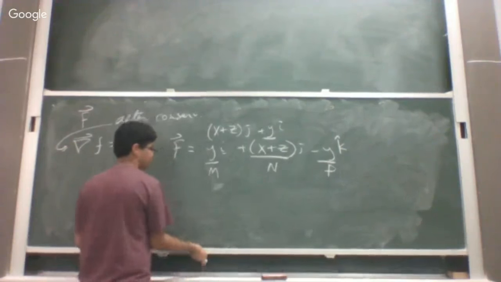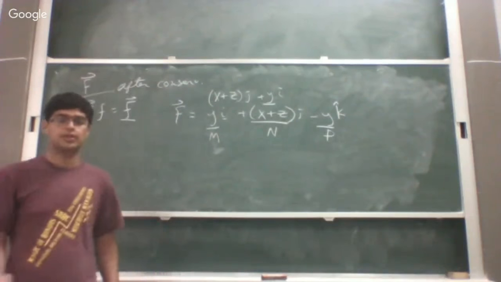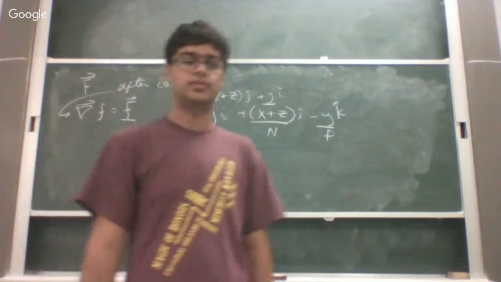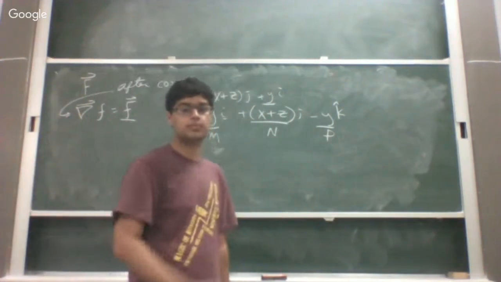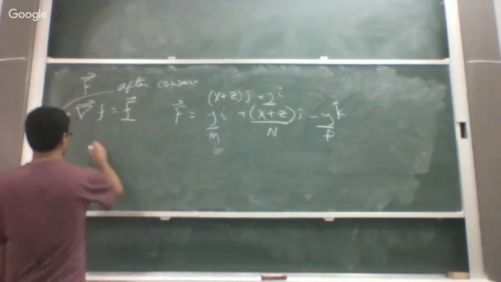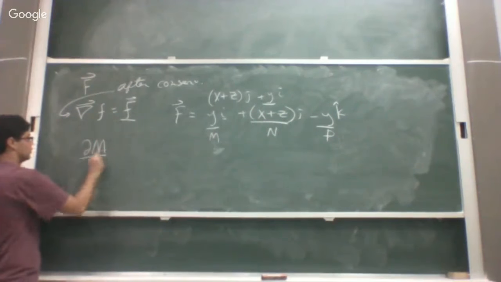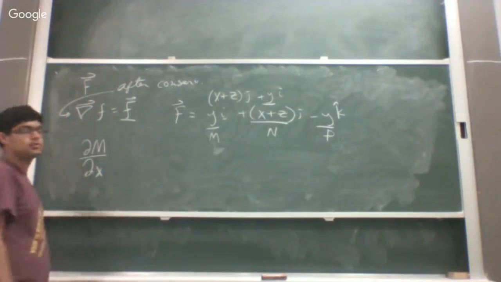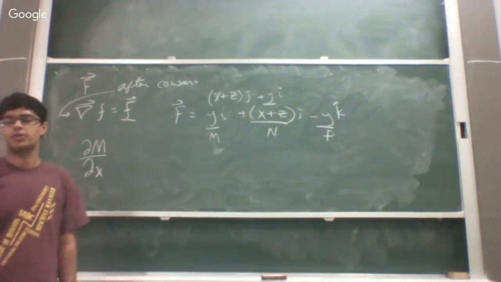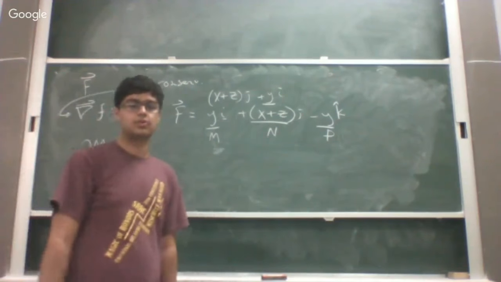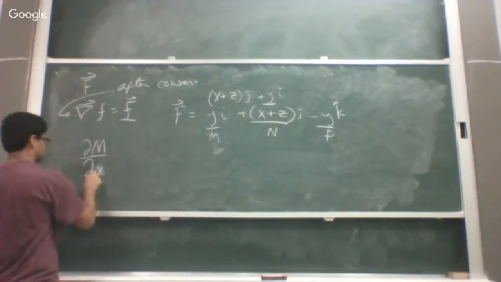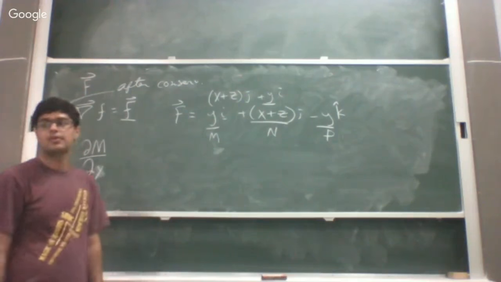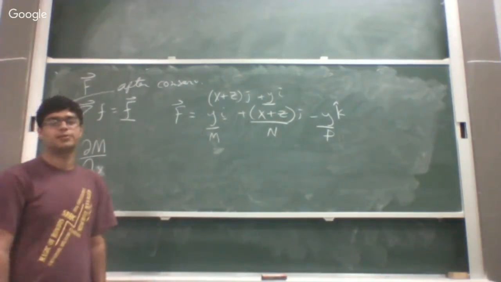So there are three equations that you need to check to show that something is conservative. It's the partial derivative of M with respect to, sorry, with respect to y. They don't really seem to coordinate in any way. You just have to memorize it.